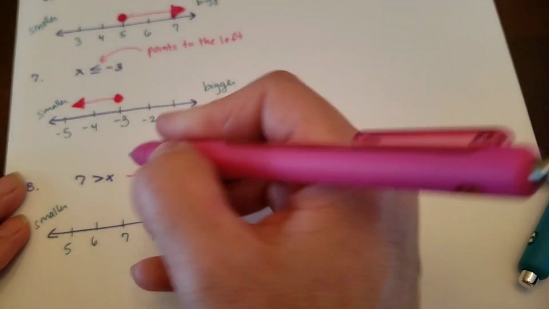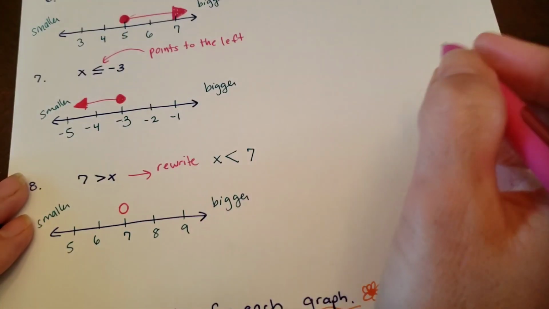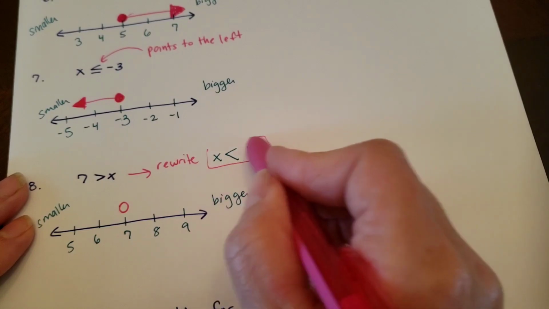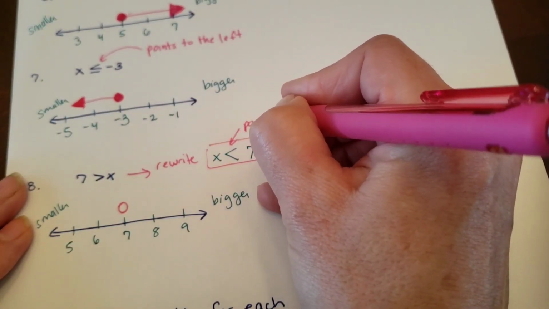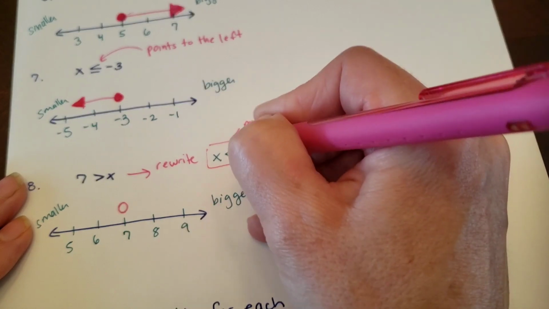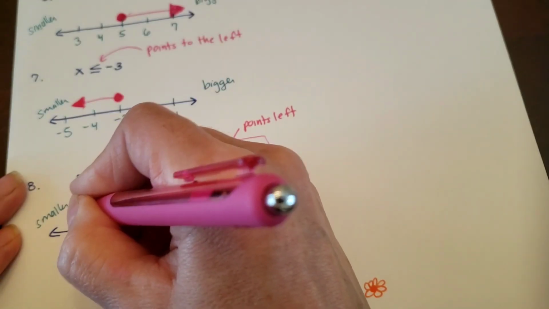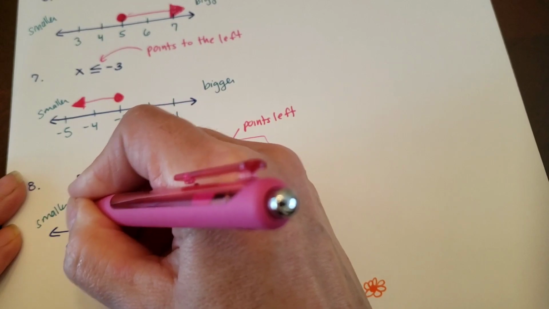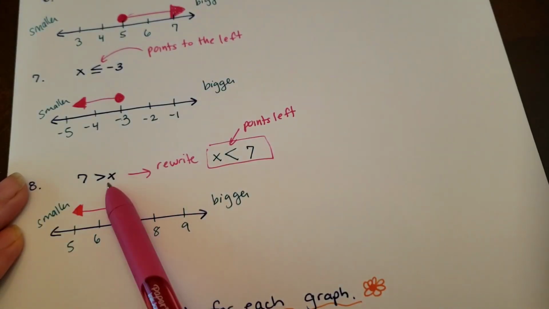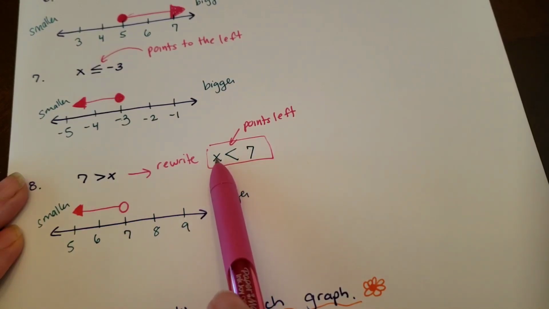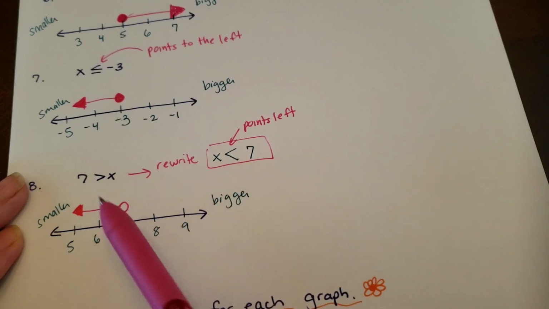I will be doing an open circle. And we're going to refer to this one to help us. It's pointing left. So since it points left, we're going to go left. So the pointing trick only works as long as your x is first. So if your x is behind everything, then you need to rewrite it so it goes first, it's in front, and then you would copy the same direction.